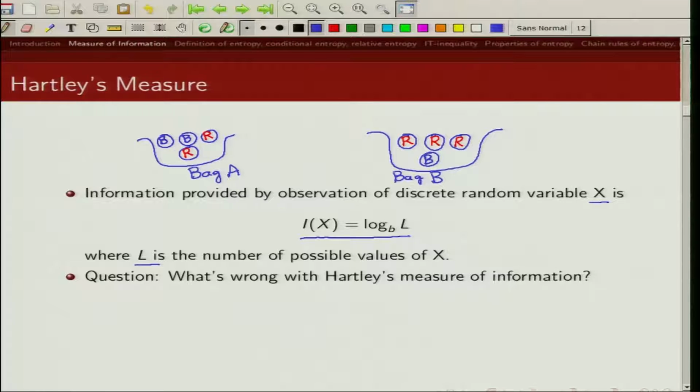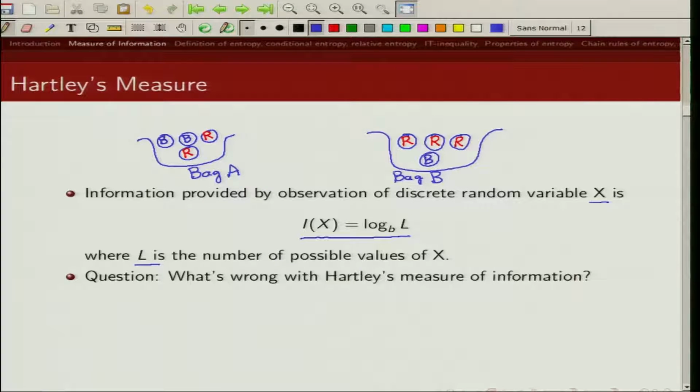So clearly bag B has less information, because the most likely ball that I can guess coming out of bag B is a red ball, because there are more red balls than blue balls. Whereas in bag A, blue balls and red balls are equally likely to happen.